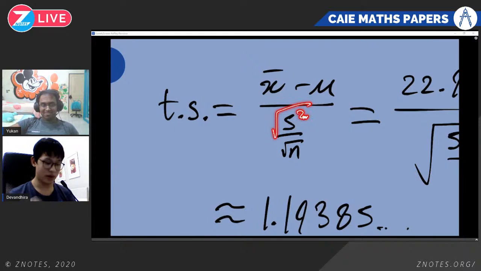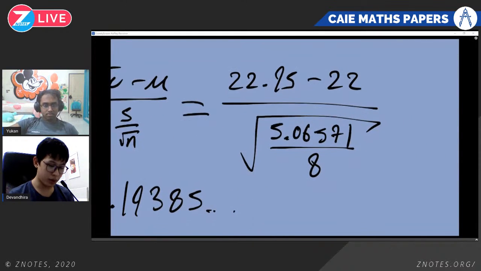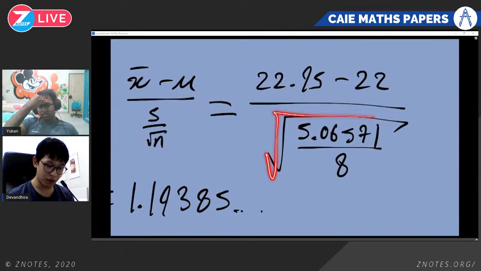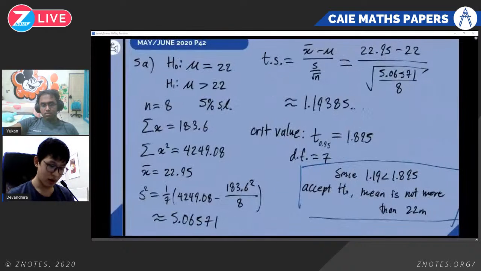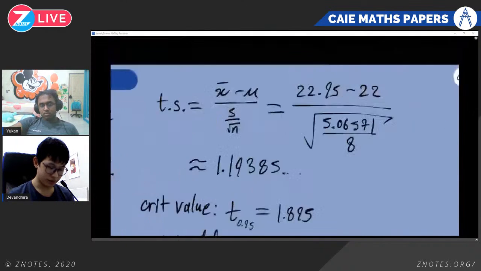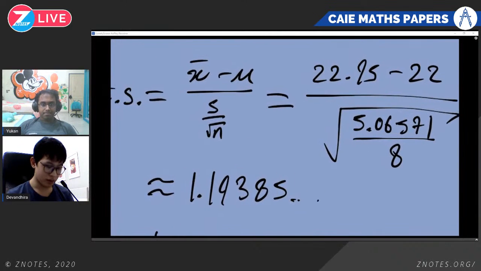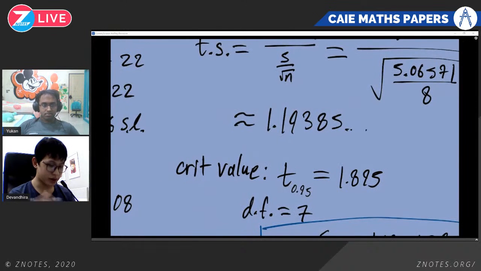So let's do that. Our x bar is 22.95, and our mu is 22. Now, instead of writing it this way, I combine the whole thing as a square root so that I have an s squared here. But because we know what s squared is, which is this one, divide by the number of samples. So far so good? Right. So when you compute that, you should get 1.19 dot dot dot. Okay, so that's your test statistic.